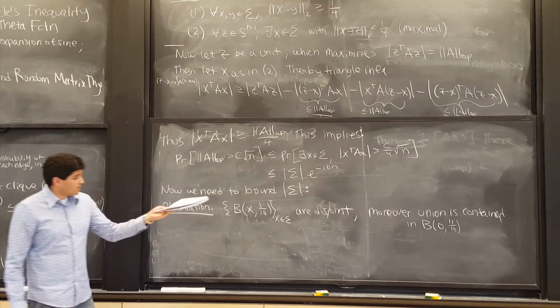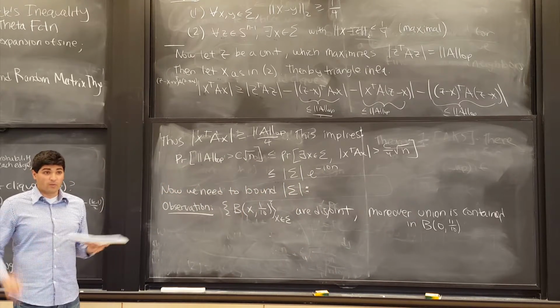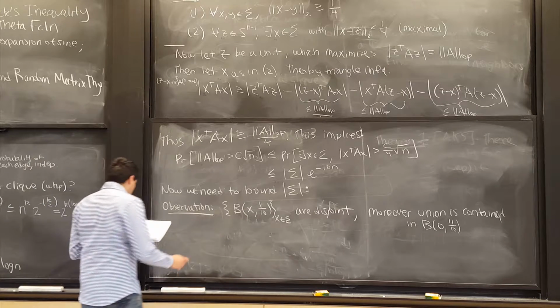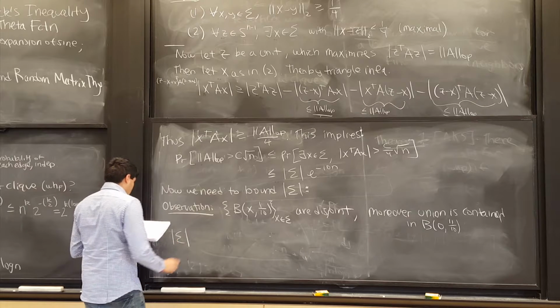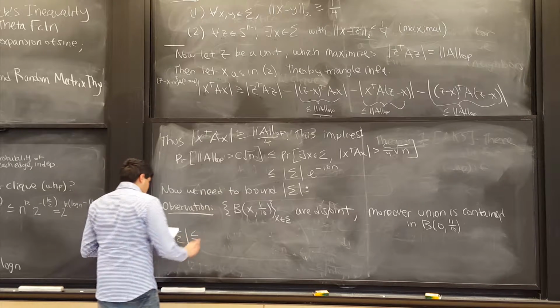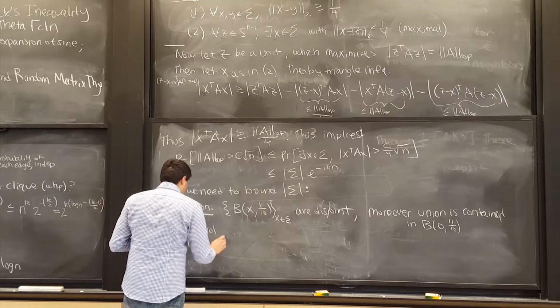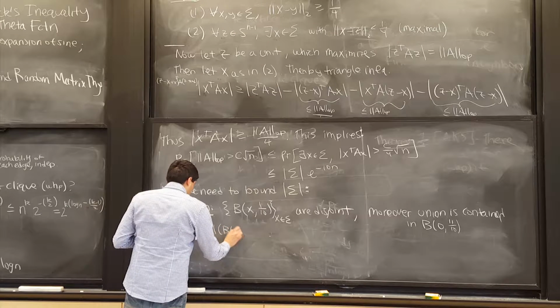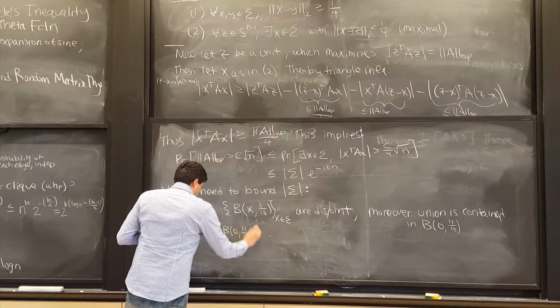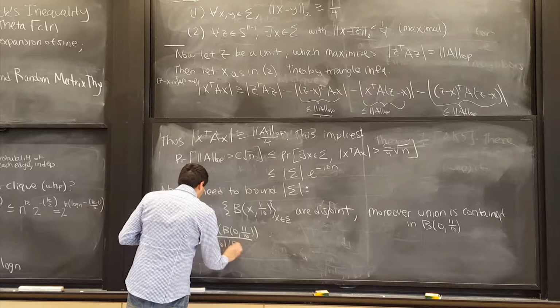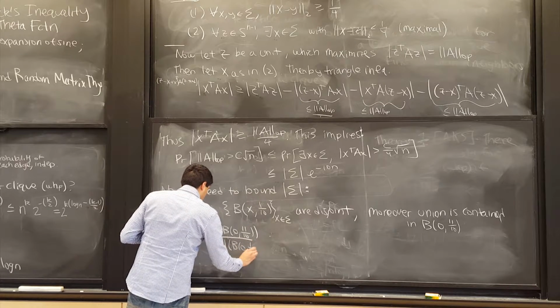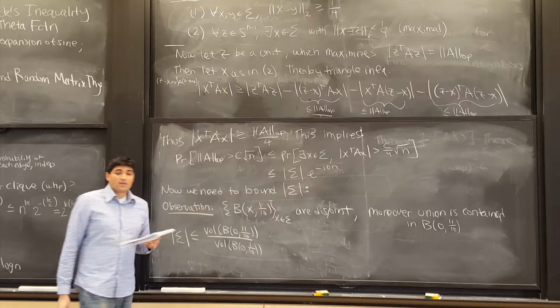After all, they were all in the unit ball, so they're all contained in the ball of radius 11/10. And so the size of the set sigma is upper bounded by the volume ratio of these two balls.